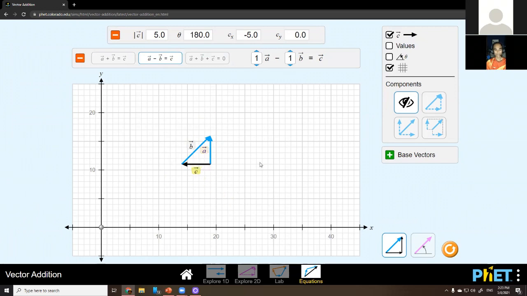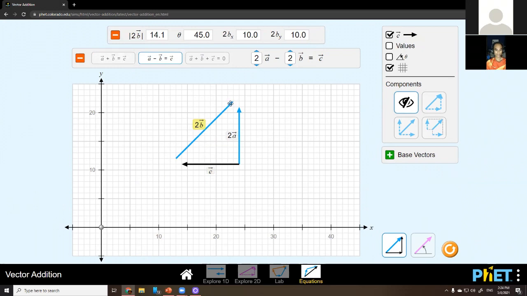I want you to imagine that B now is negative. B negative means that it flips.